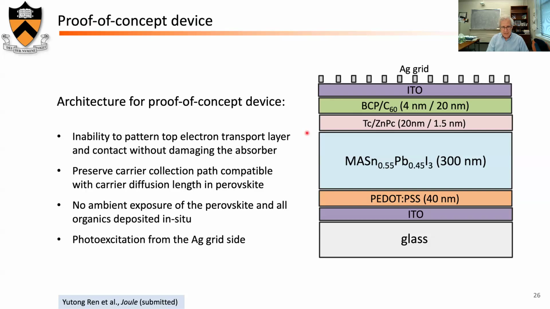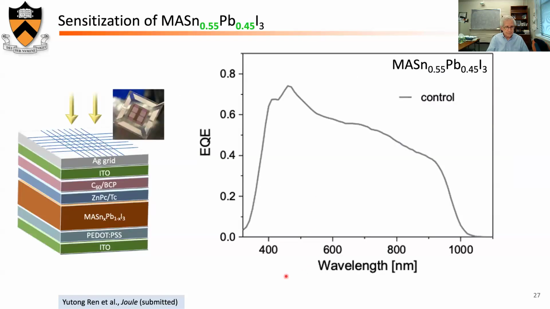But as you will see, it does work. The proof of concept is achieved, although the efficiency of the device can, of course, be greatly improved. Everything was done in situ, in ultra high vacuum, and the illumination is from the top silver grid.